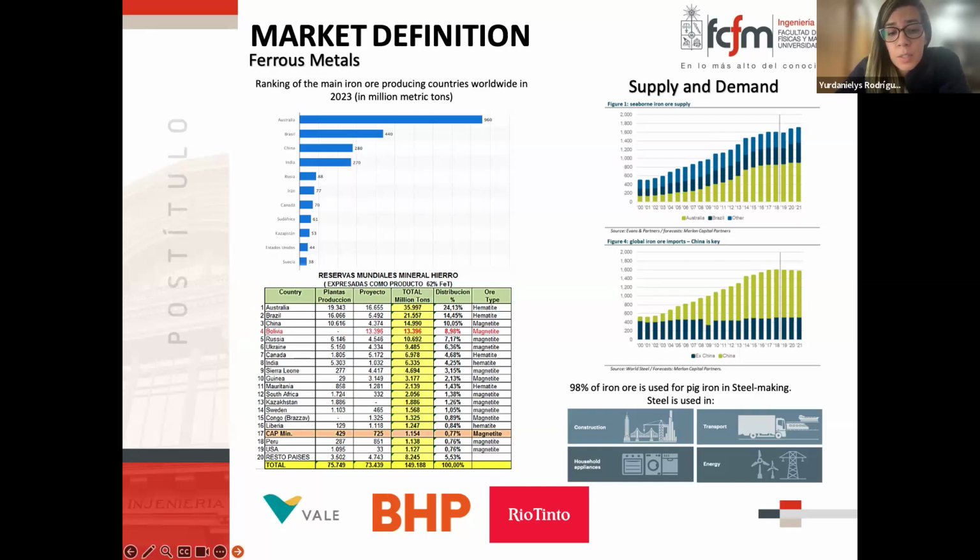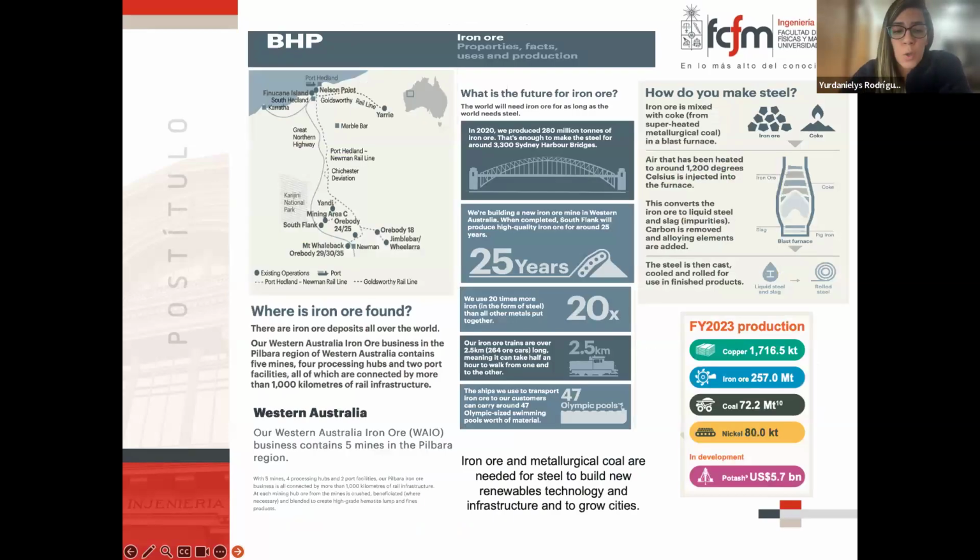BHP, and Rio Tinto. For the purpose of this presentation, we are going to talk about BHP. BHP is a large international company that produces different minerals worldwide. One of the most important assets is located in Western Australia.